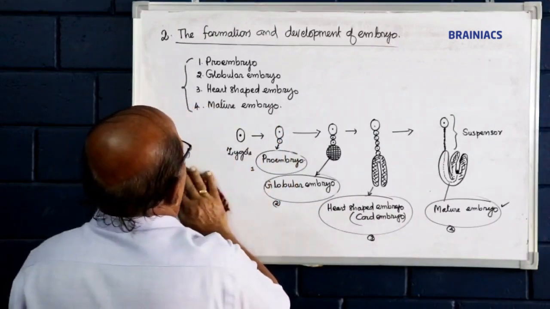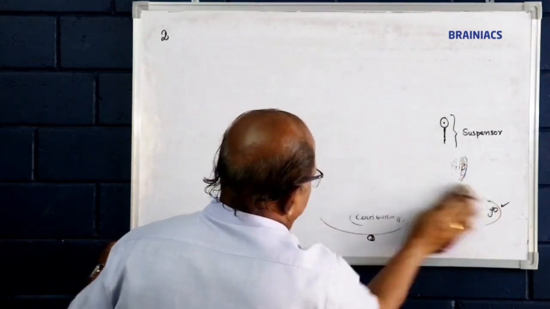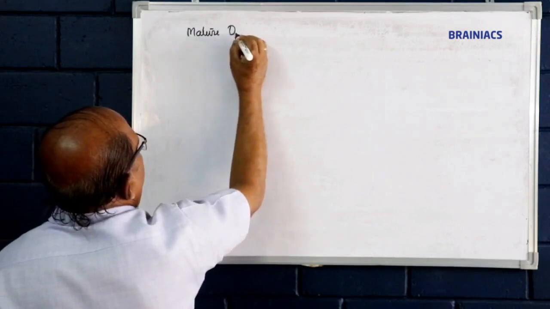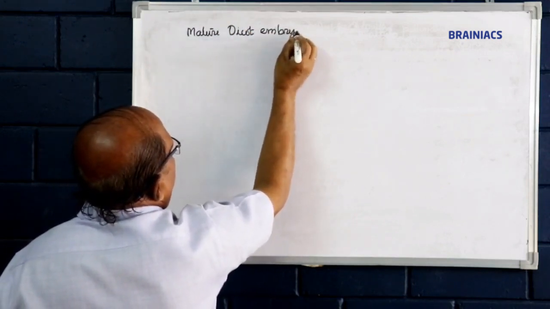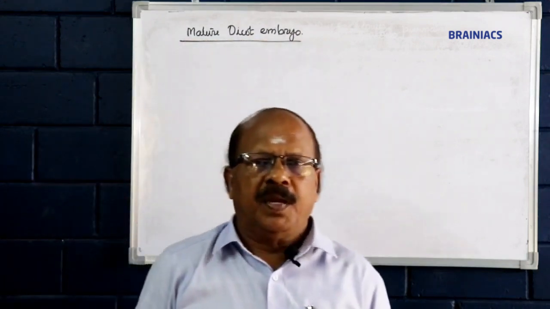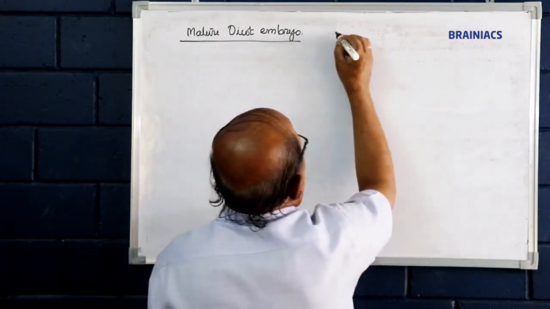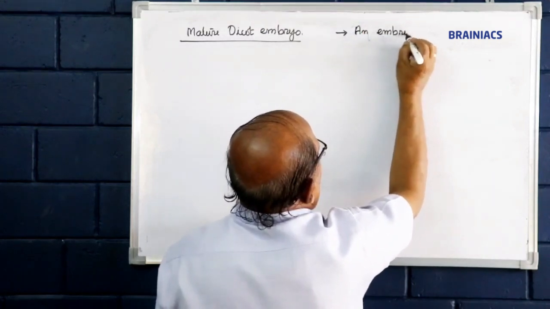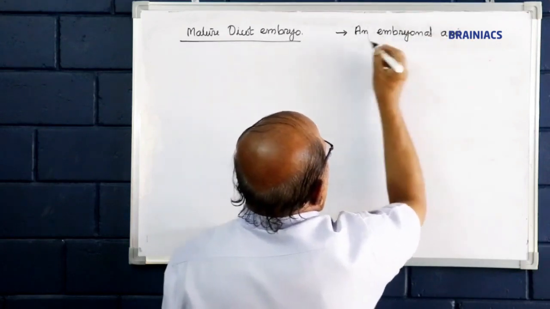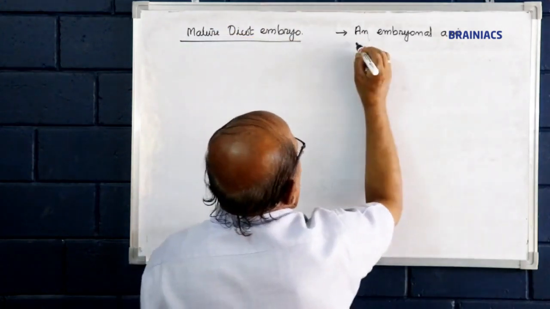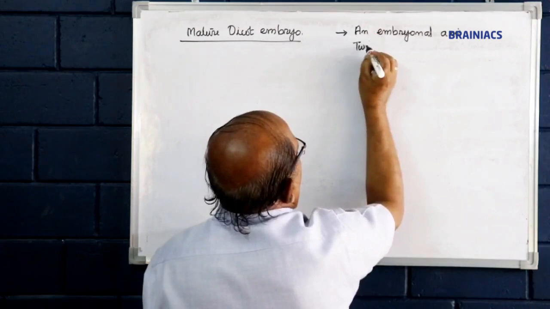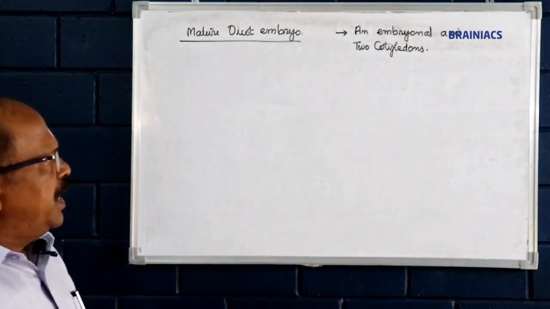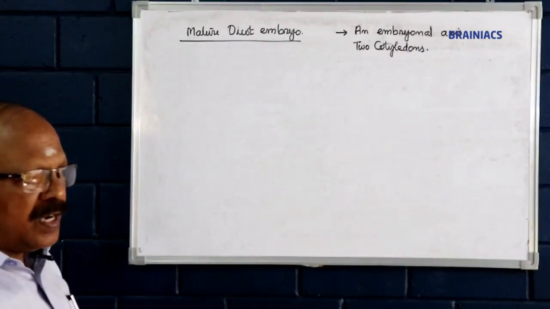Then typically, an embryo has two distinct parts, namely an embryonal axis and two cotyledons in dicot embryo, a single cotyledon in monocot embryo.